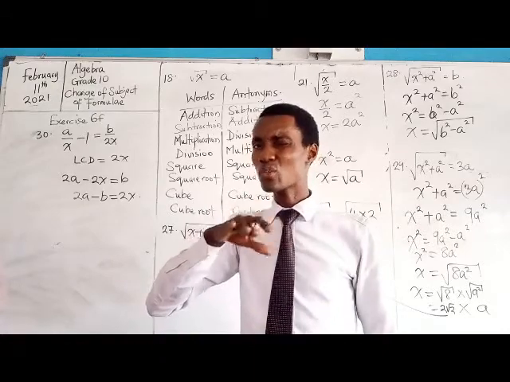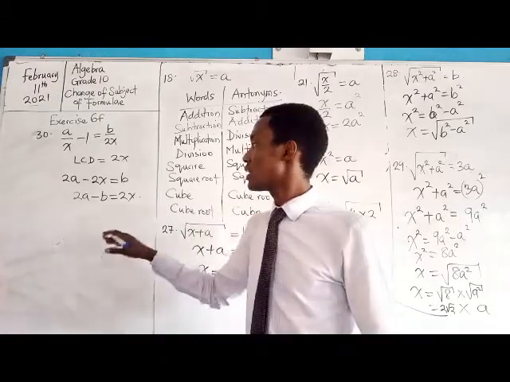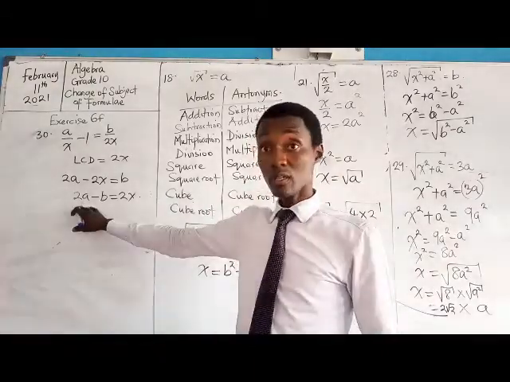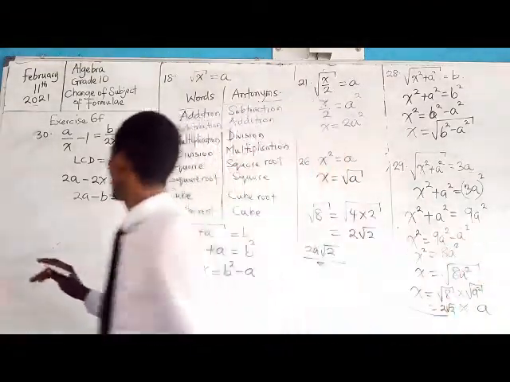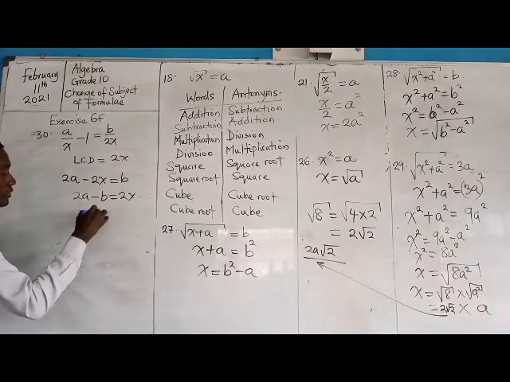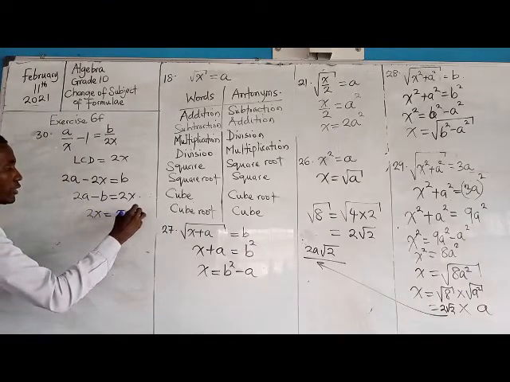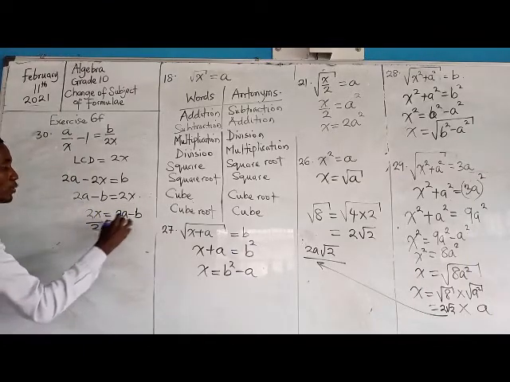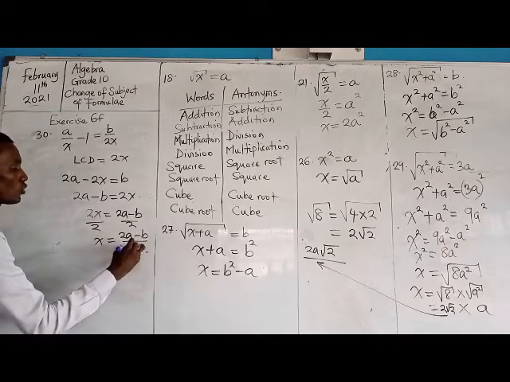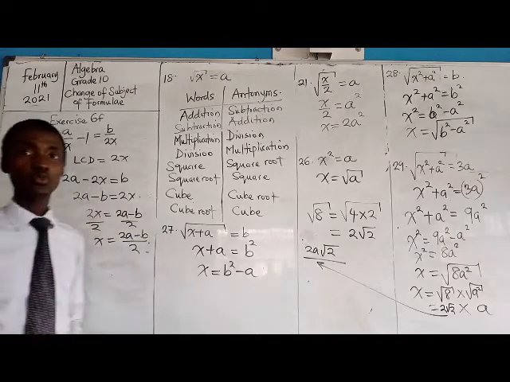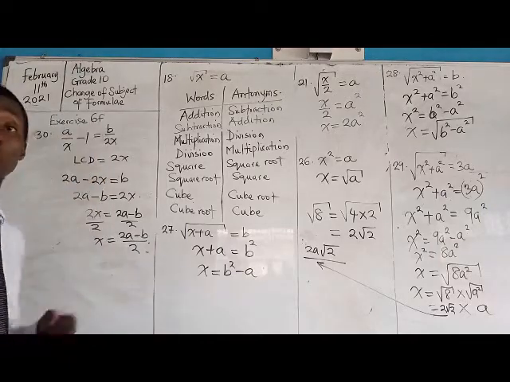But that's not an exclusive rule. You can actually take care of this first before you now rewrite. You're still correct. And this will now be what? 2x equal to 2a minus b. And I divide both sides by 2, and x will be equal to 2a minus b all over 2. And that will suffice for the solution to that question.